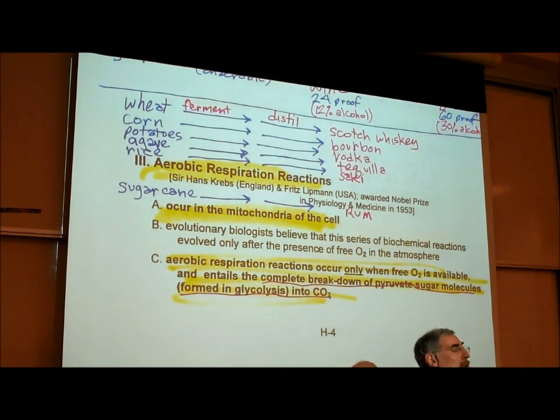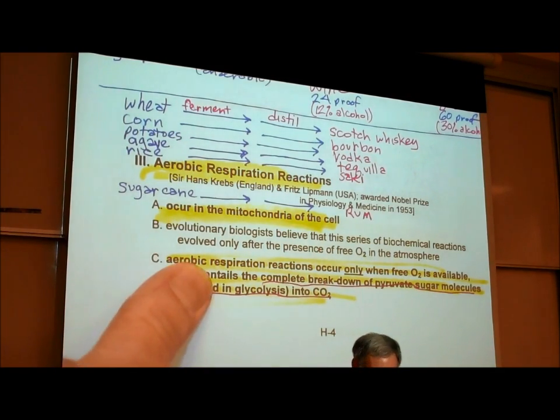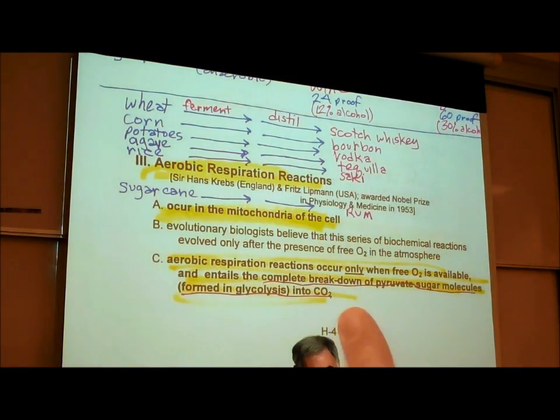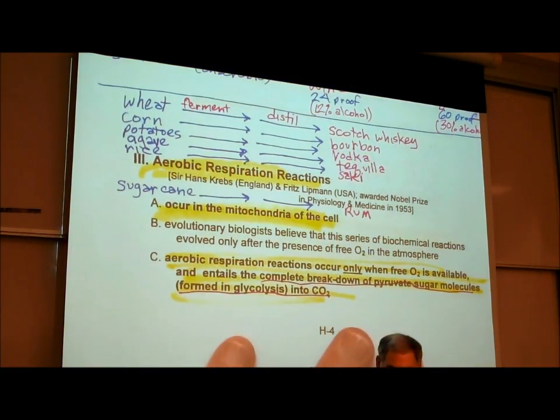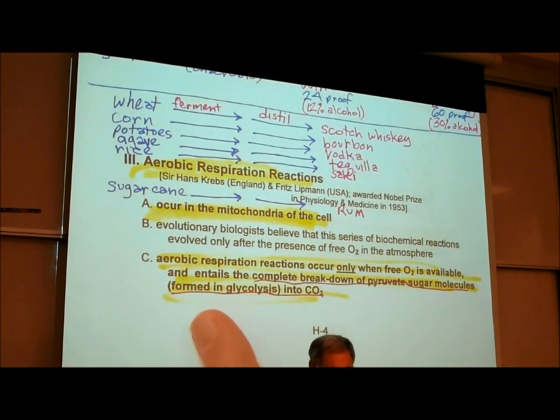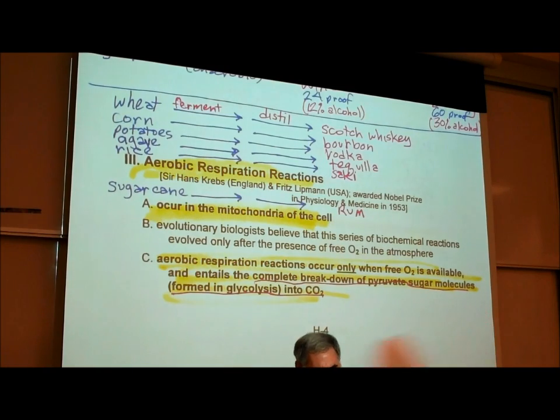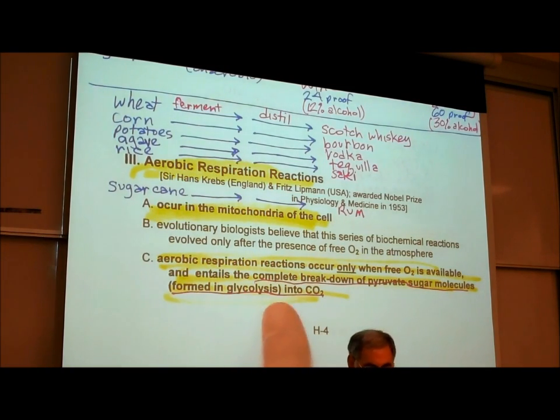Before there were plants, there was no free oxygen in the atmosphere. In the aerobic respiration reactions, which occur in the mitochondria only when there's free oxygen available, there will be complete breakdown of the pyruvate sugar molecules formed in glycolysis. They will be broken down completely into carbon dioxide. So we're going to totally break apart the sugars into carbon dioxide.